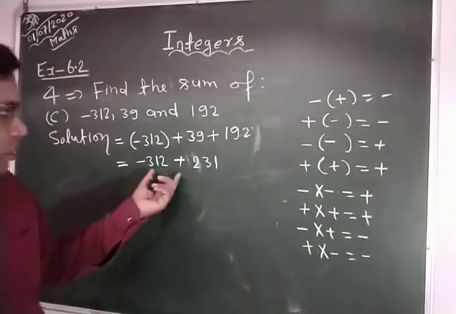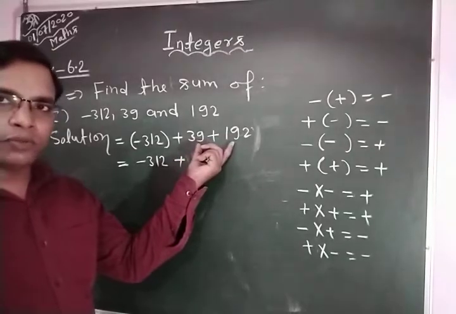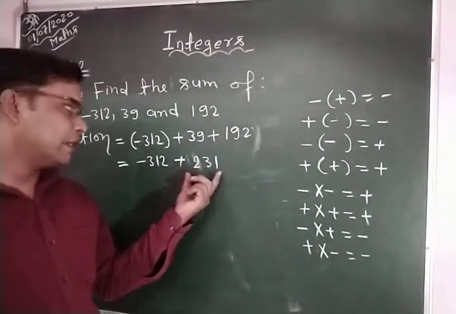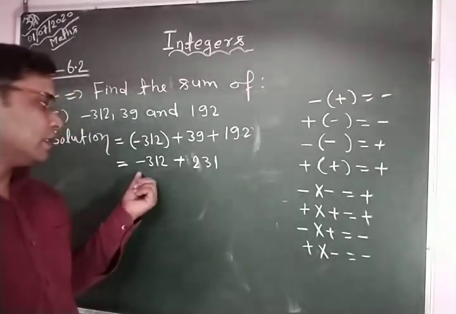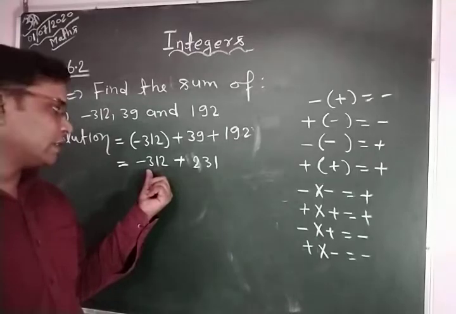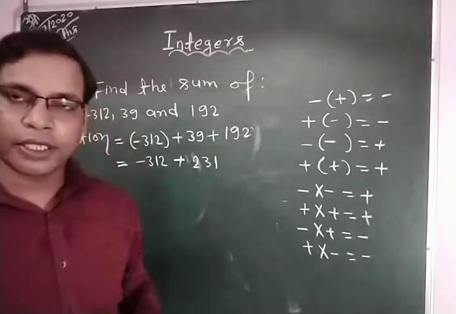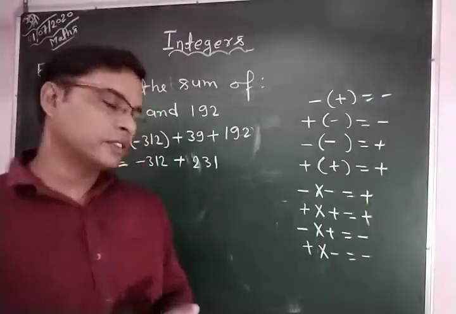Now we have only 2 integers here. Before we had 3 integers, so first we add the 2 positive integers. Okay, so we obtain 231, and here we have 2 integers. One is a negative integer, the other is a positive integer. It means subtraction is needed here. We subtract the smaller number from the greater number.